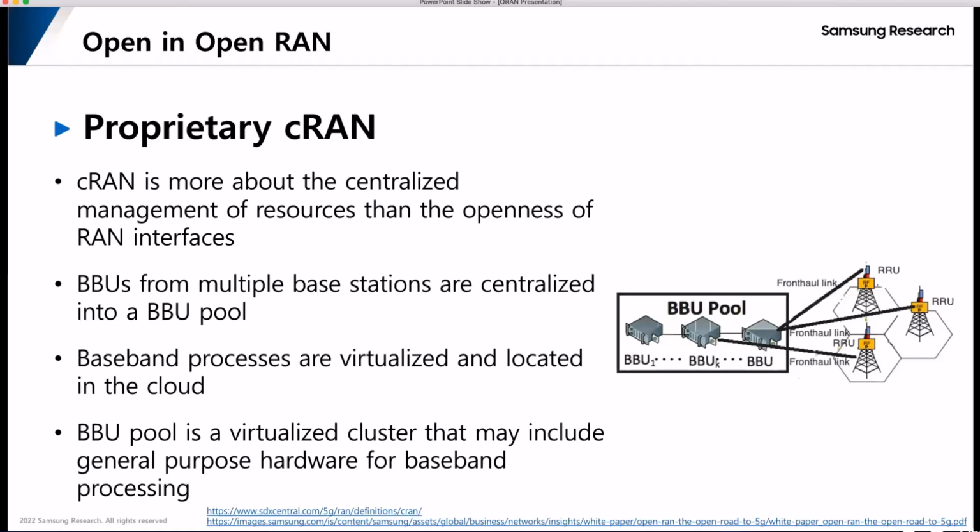Here in the diagram, we can see that you have a BBU pool, so you have several BBUs together, and this can be used by different radio units. For example, rather than having a fixed BBU for a radio unit, like what we saw earlier in the vRAN diagram, you could have a set of radio units that could connect to any one in the pool.